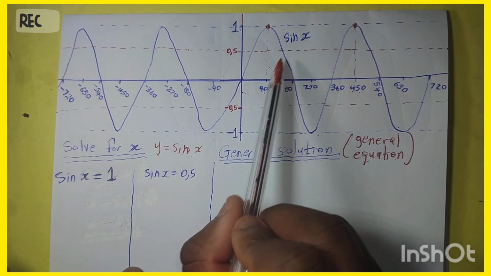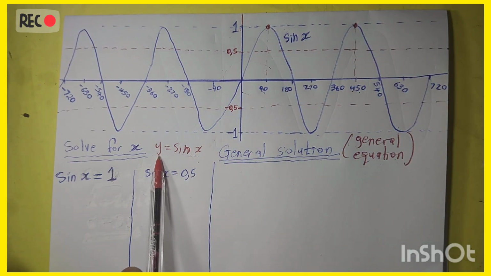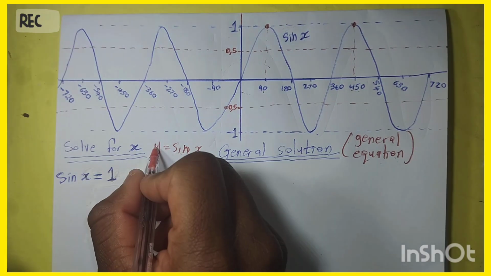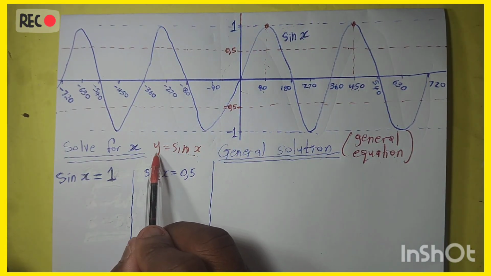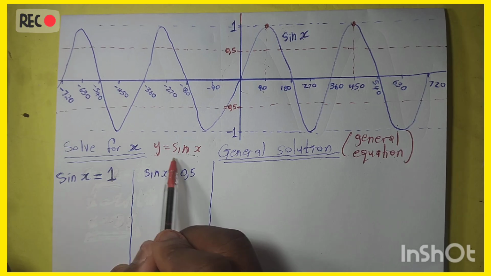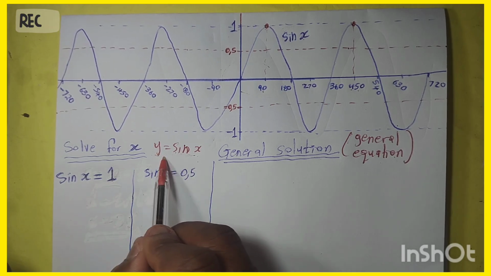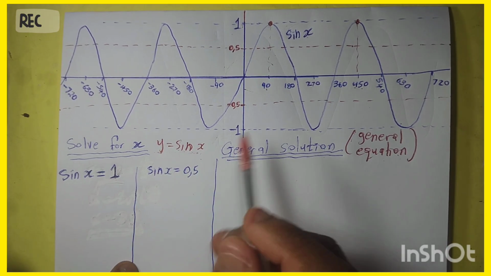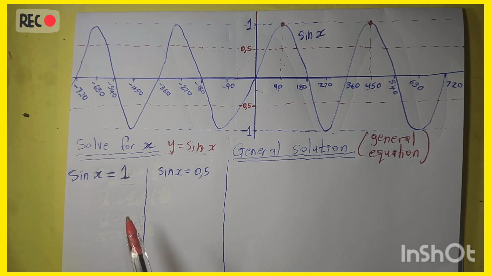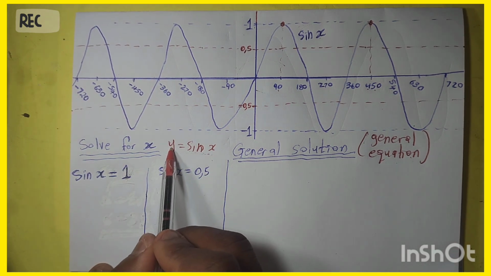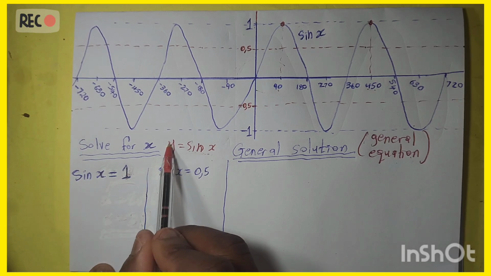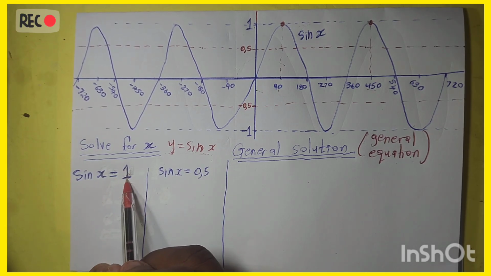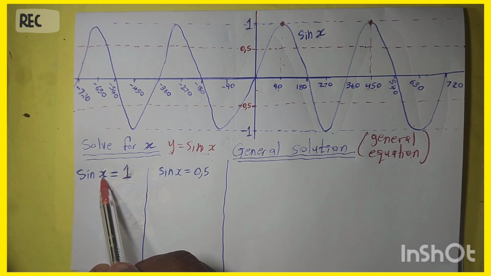Now what you should understand is that a function can be represented by the y value, meaning that this sine graph can be represented as y equals sine x. So this is what I need you to understand. If the value for y, I can just let it be 1. What will be the value for x here?